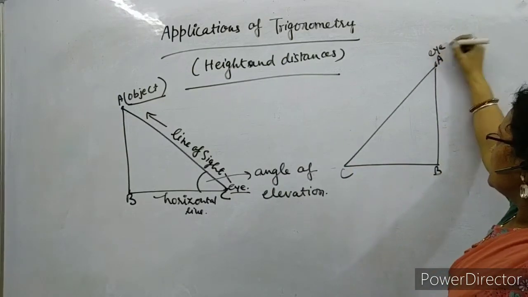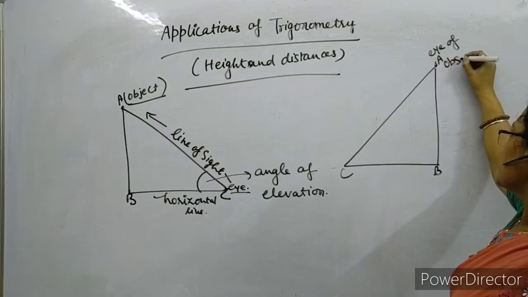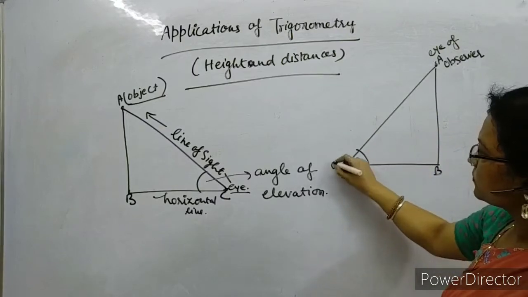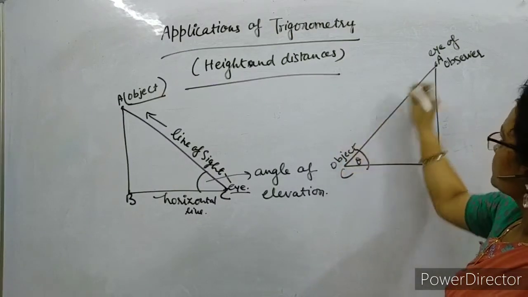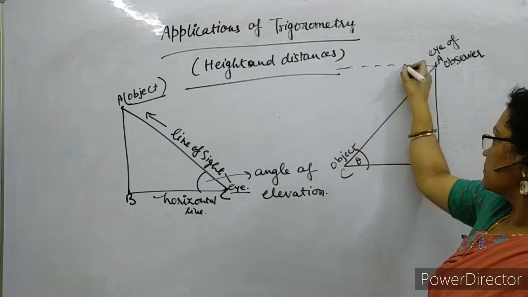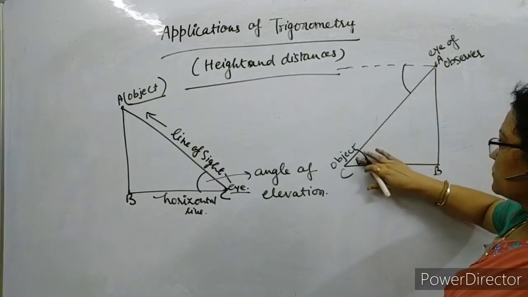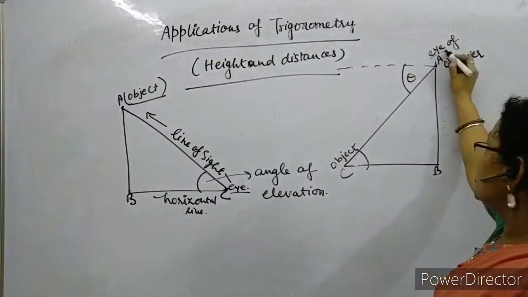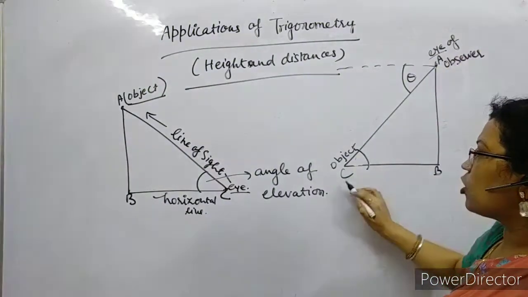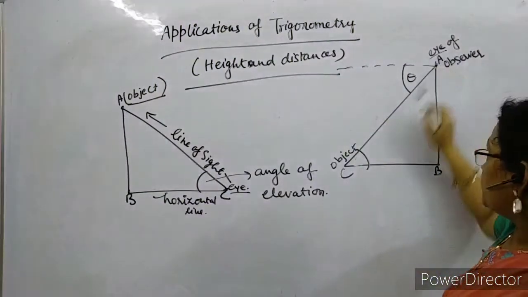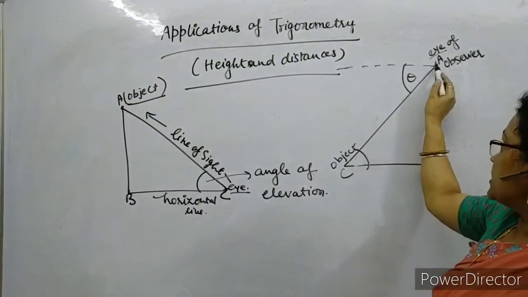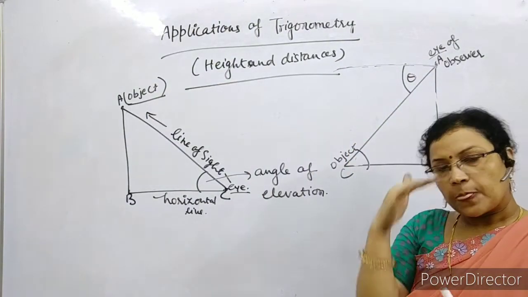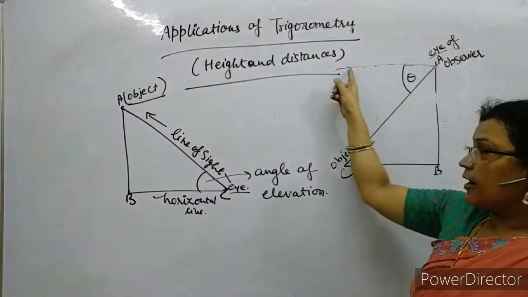See the second condition, where the eye of the observer is at the top and the object is down. Then the horizontal line is just at the level of our eye.